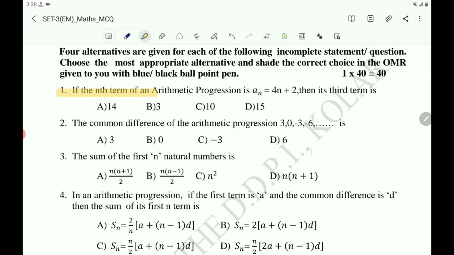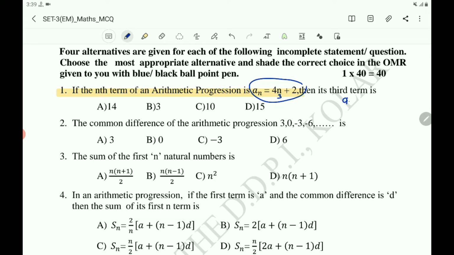If the nth term of an AP (arithmetic progression) is an equals 4n plus 2, then its third term is. Here we have to find the third term, A3. An is given. In the place of n you put 3.